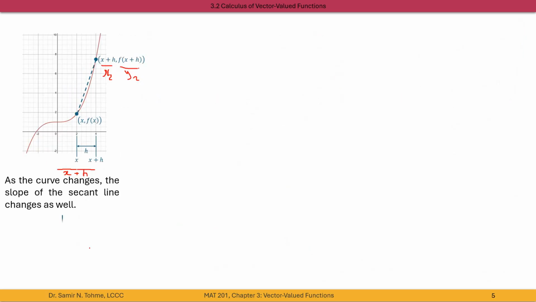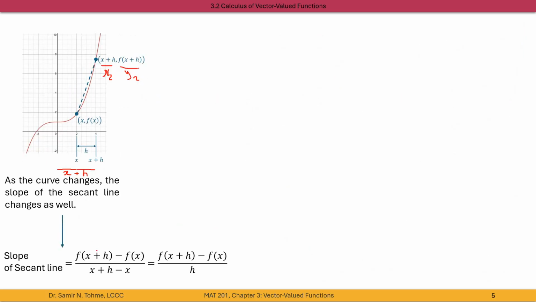Now, x2, f of x2 will now be written as x plus h minus f of x1. X1, now we have it as x, divided by x2 minus x1. So x2 is this one, minus x1. X minus x will cancel, and we will get h in the denominator.